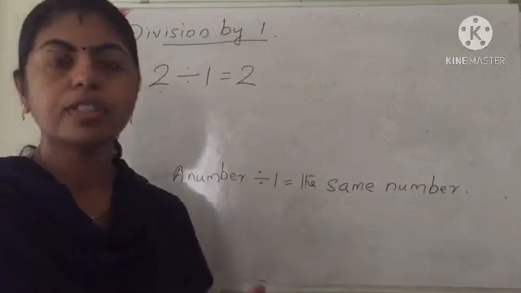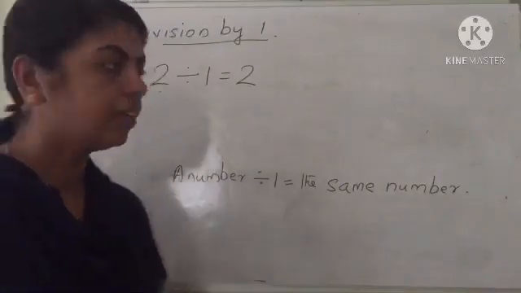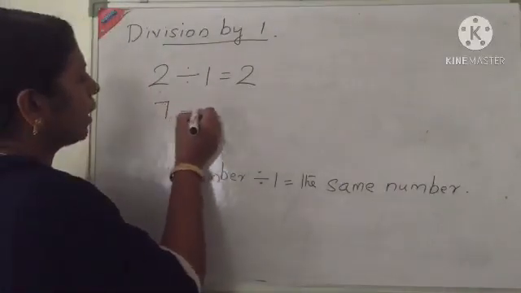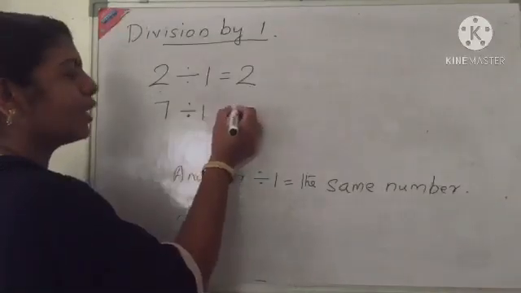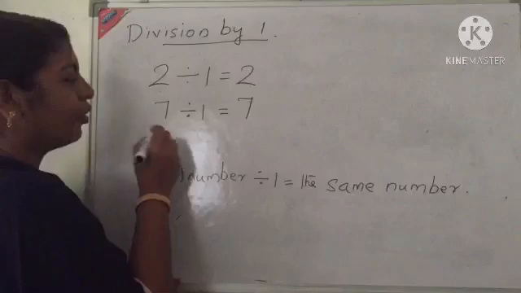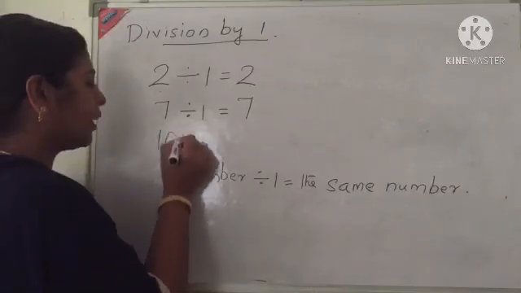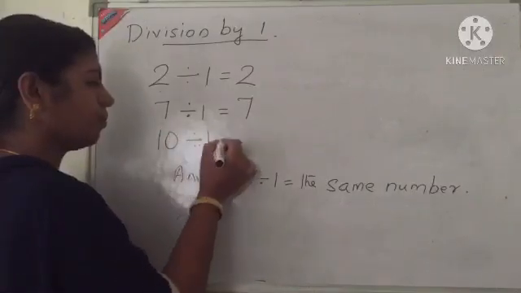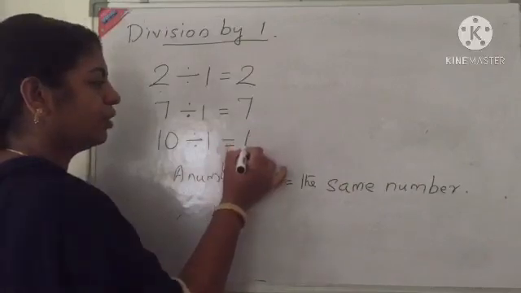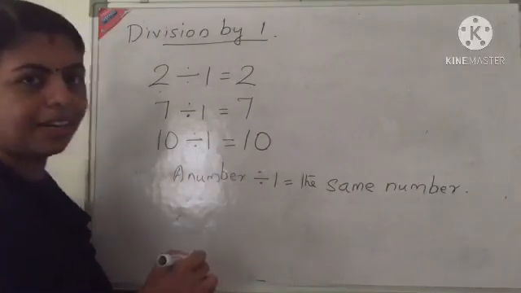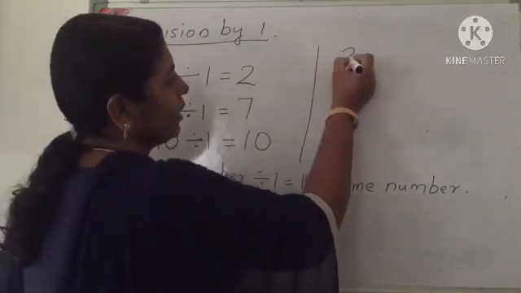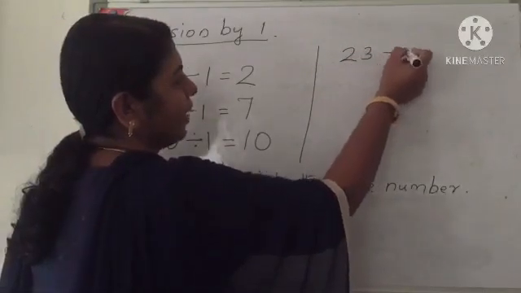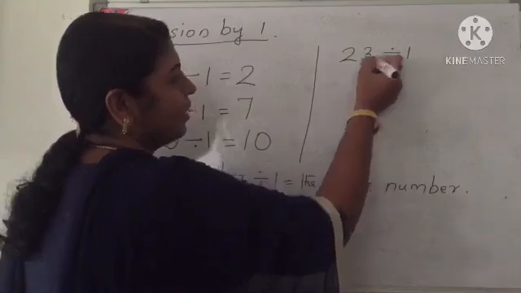Then tell me, what is 7 divided by 1? It's equal to 7. Then 10 divided by 1 is equal to 10. Then 23 divided by 1, tell me the answer.